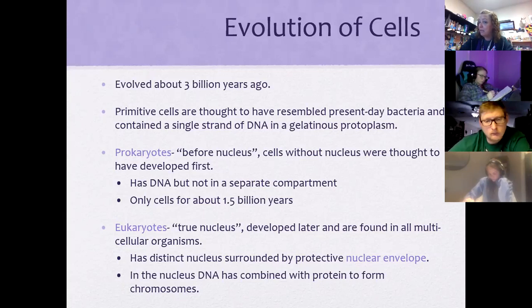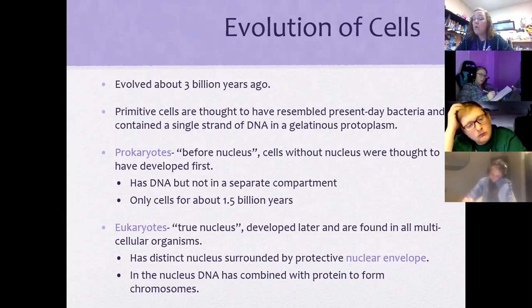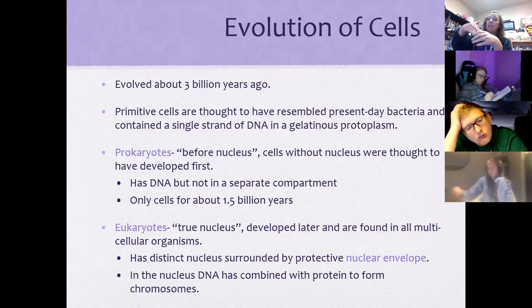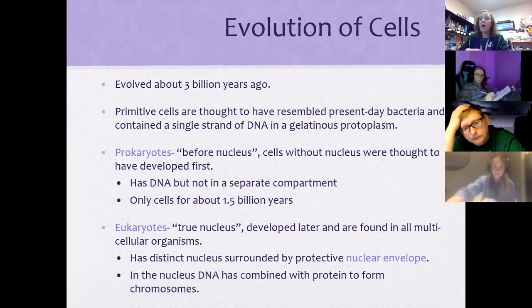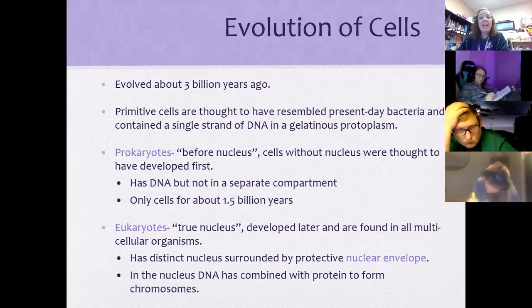They didn't need one. And so we have our prokaryotes, pro meaning before. These are our ultimate super primitive cells, with no nucleus. Because the structure of the cell was so primitive, it did not need to move and translate RNA. The DNA was able to govern just by being present. And so our DNA was not separated.